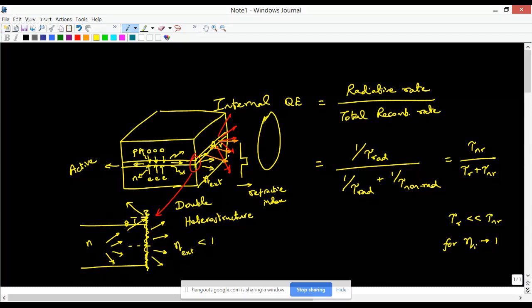And that's because the divergence in the vertical direction is greater than the divergence in the horizontal direction. So most edge emitting light sources will have essentially an elliptical beam coming out. Okay, so that's the role of edge diffraction as far as the emission characteristics are concerned.